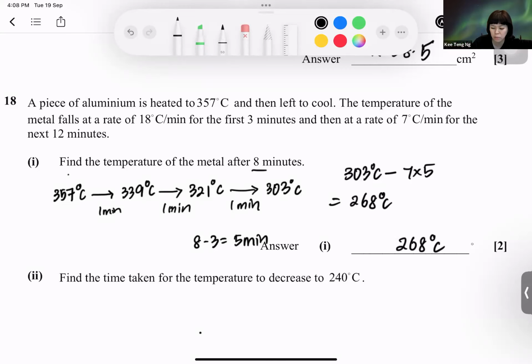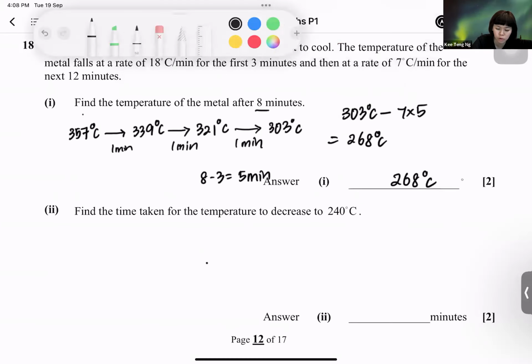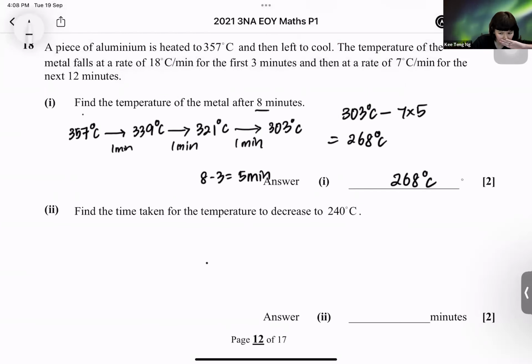Find the time taken for the temperature to decrease all the way to 240. Definitely 240 will be after 3 minutes already, right? After 3 minutes, the temperature is 303. From 303 to 240, what is the change? I have a 63 degrees Celsius change.